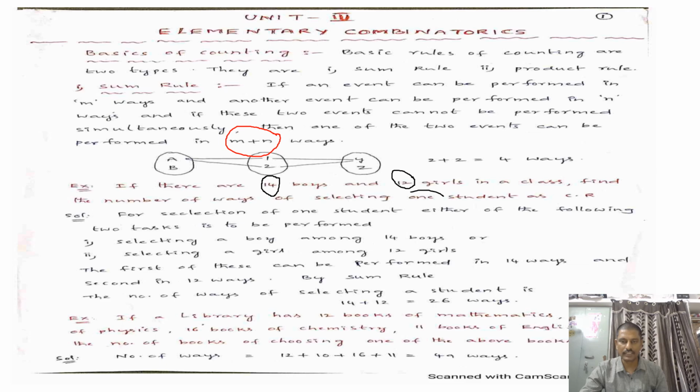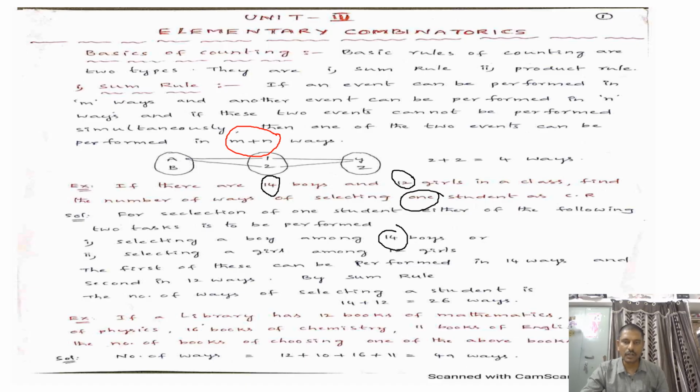In how many ways can we do this independently? If we want to select a boy, one boy can be selected in how many ways? Among 14 boys, one boy can be selected in 14 ways.